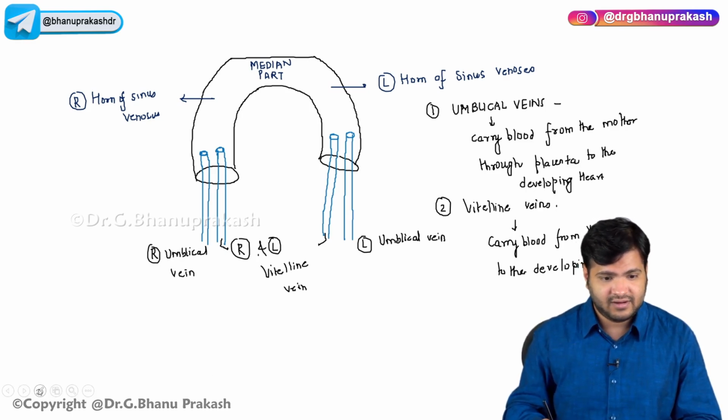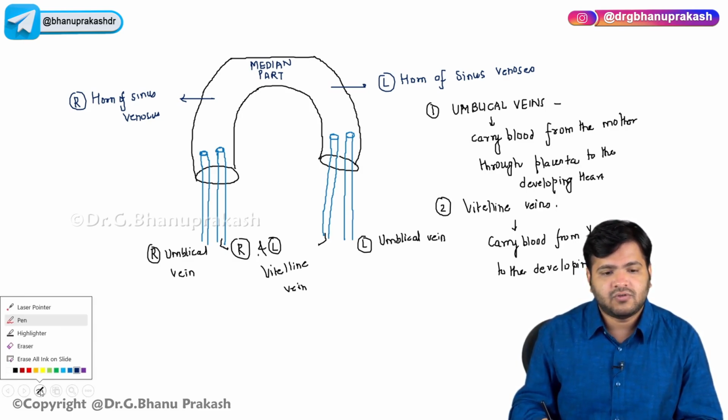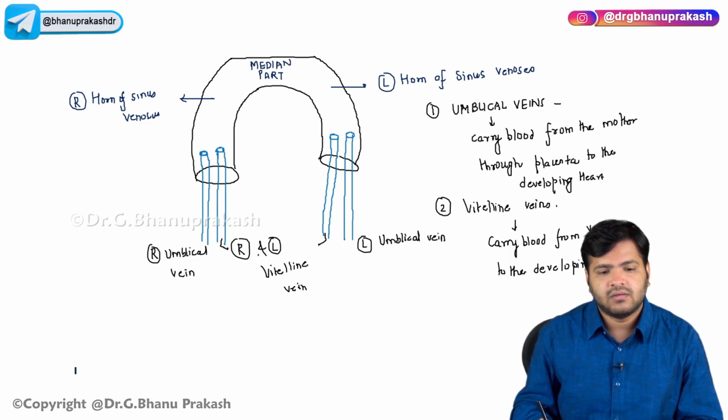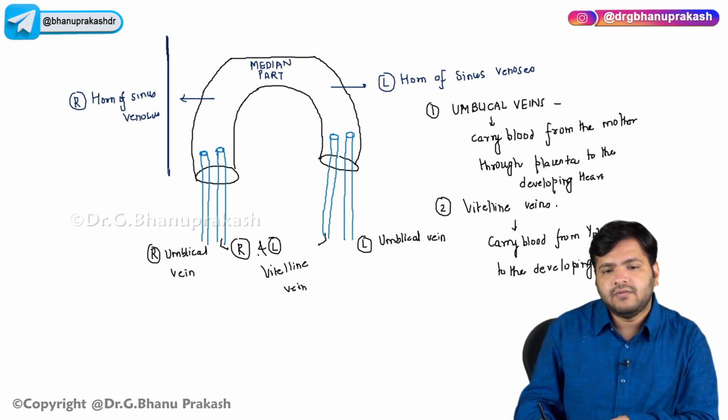So let us just try to draw this also. I'll just try to draw it with a single highlighter. Yes, we have these cardinal veins, right?